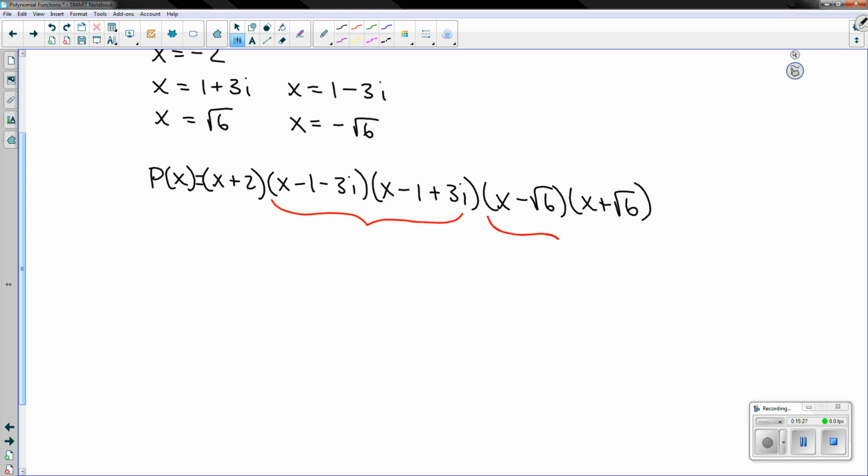Pair up your irrationals to remove all irrational coefficients. Then you have 3 to work with, and then still 2 at a time, but you should be down to only rational coefficients. So if we multiply this middle pair, we're going to get, by distributing the x squared minus x plus 3ix, and then negative 1 minus x plus 1 minus 3i minus 3ix plus 3i minus 9i squared.